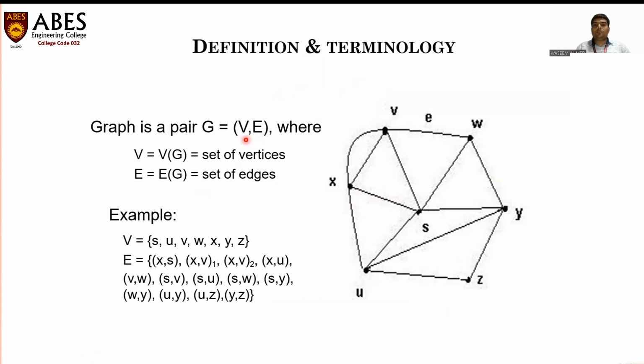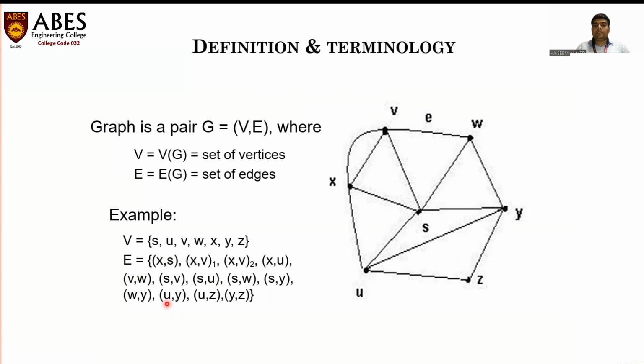Graph is a collection of vertices and edges. Here we are saying there are two things: one is a set of vertices and another one is a set of edges. As shown in this diagram, there are some vertices S, U, V, W, X, Y, and Z. These are vertices in this diagram that is showing the graph.